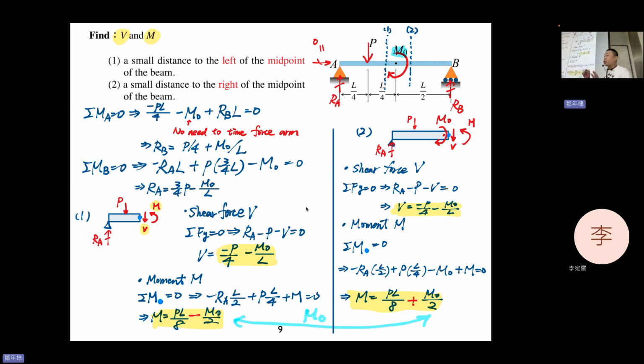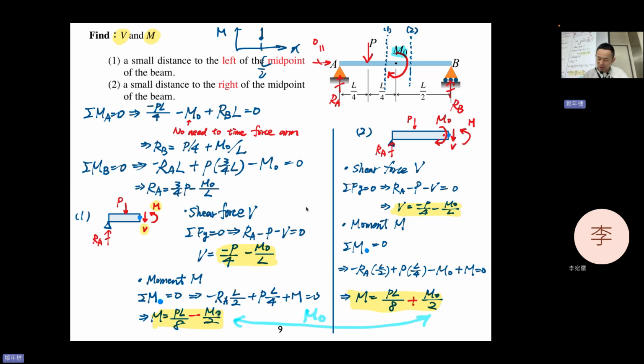So you can imagine that when you draw a moment diagram, you will see an immediate jump in the value of M because of M0. Just to give you an example, if you draw x and this is M, at the half L point, previously this is something minus M0 divided by 2, and then suddenly after this point, ding, it will jump.